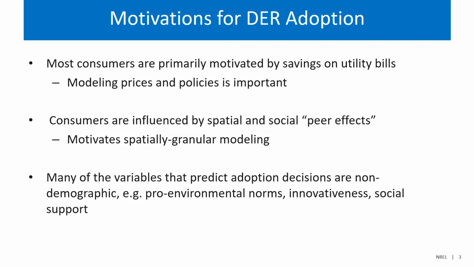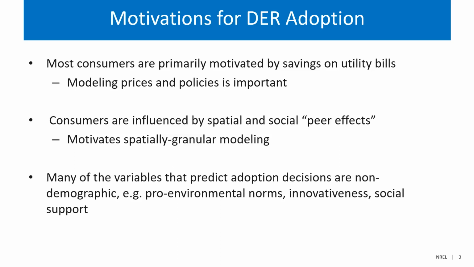By social peer effects, you might also think about, if my neighbor has PV or my sister has PV, does it motivate me in one way or the other in adopting PV, or for myself, PV plus storage? How do we capture those in our modeling frameworks?